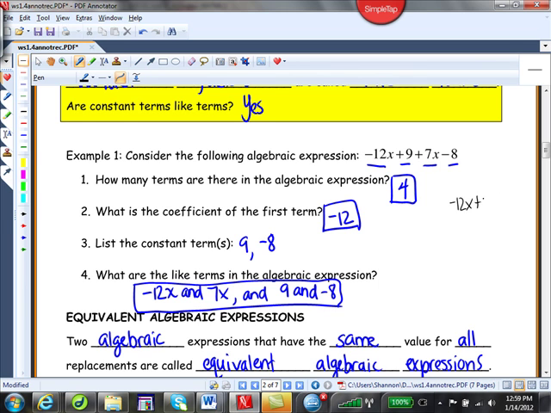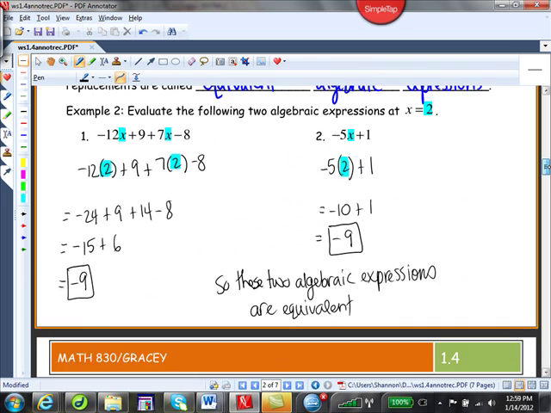We would have plus 7x, and then the 9 plus the negative 8 would just be plus 1. And then this would give us negative 5x plus 1 when we combine these like terms. And look down here. Do you see that was the second algebraic expression? So you can simplify the first one to get the second one.